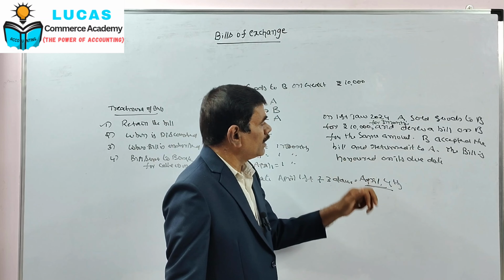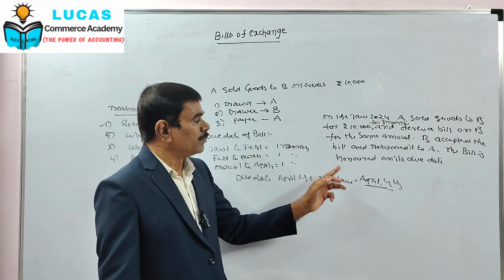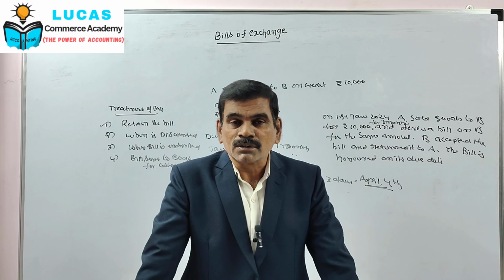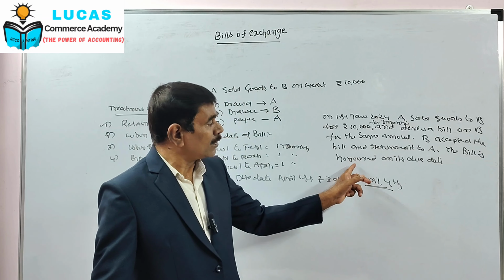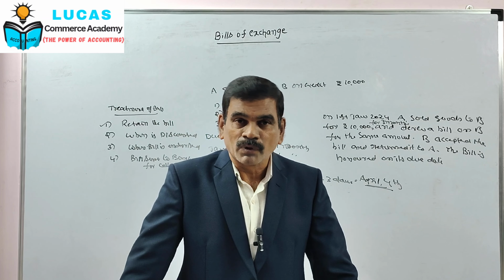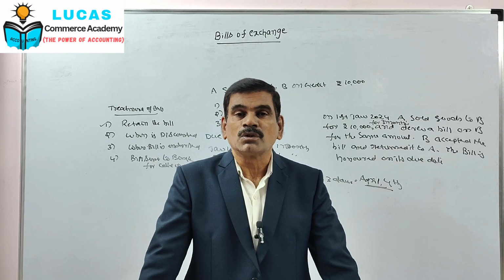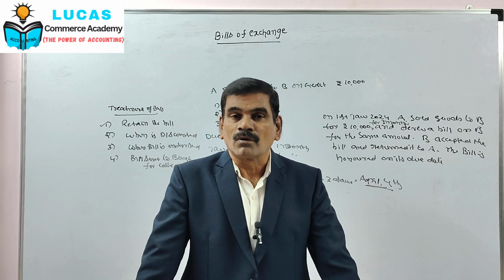B accepted the bill and returned it to A. The bill is honored on its due date. So, how to pass journal entries in the books of drawer and drawee? First, take the books of drawer.